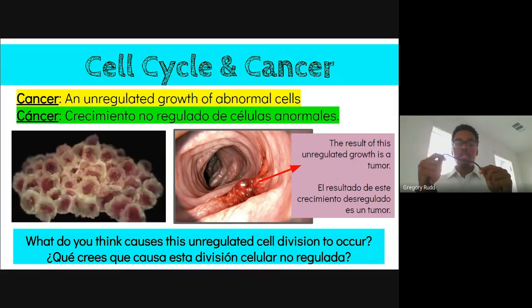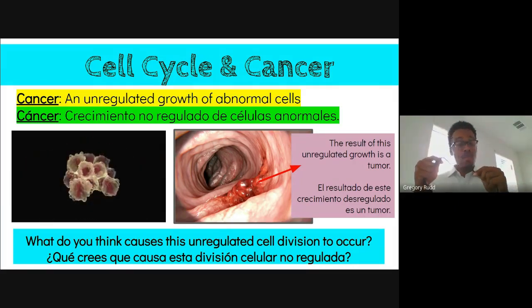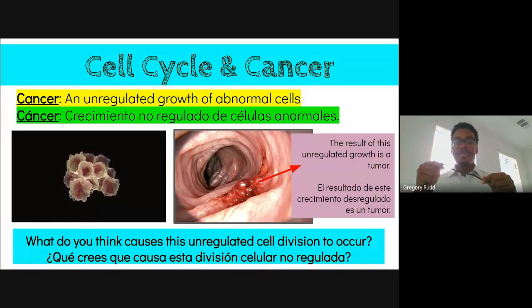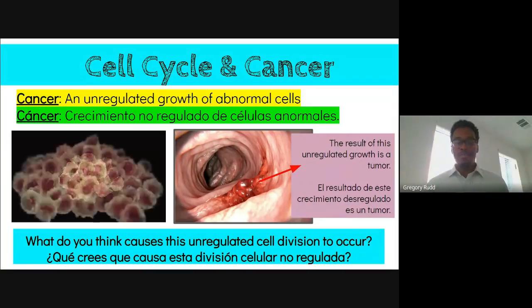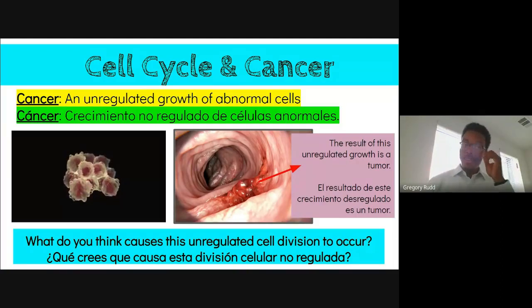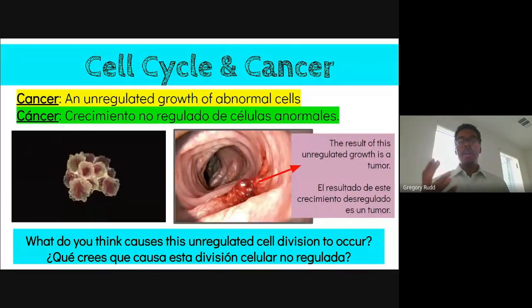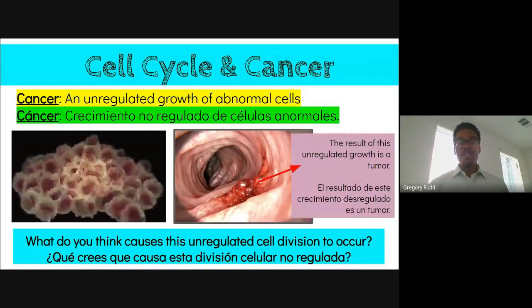At the end of this cord, there would be a camera, and we insert it not through the mouth. If we were looking at the stomach or the esophagus, then obviously the mouth would be the easier entryway. But your large intestine is the very last part of your bowel before we get to the anus. So it makes more sense to go in through the back door, essentially.